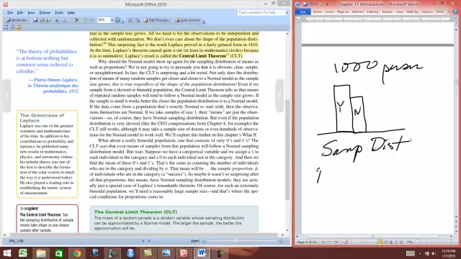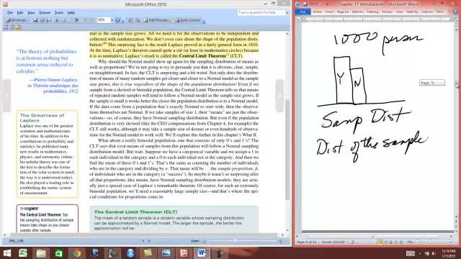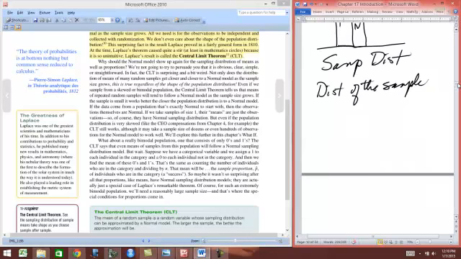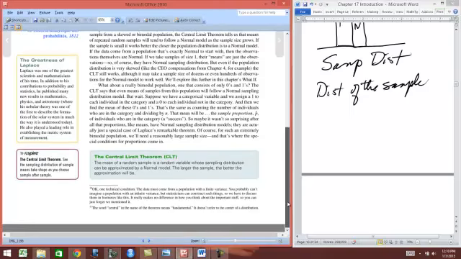The distribution of the sample is the internal shape of the sample. So if I take a large sample from a skewed population, the shape of the sample will be skewed, but the distribution of the sample statistics will be approximately normal.